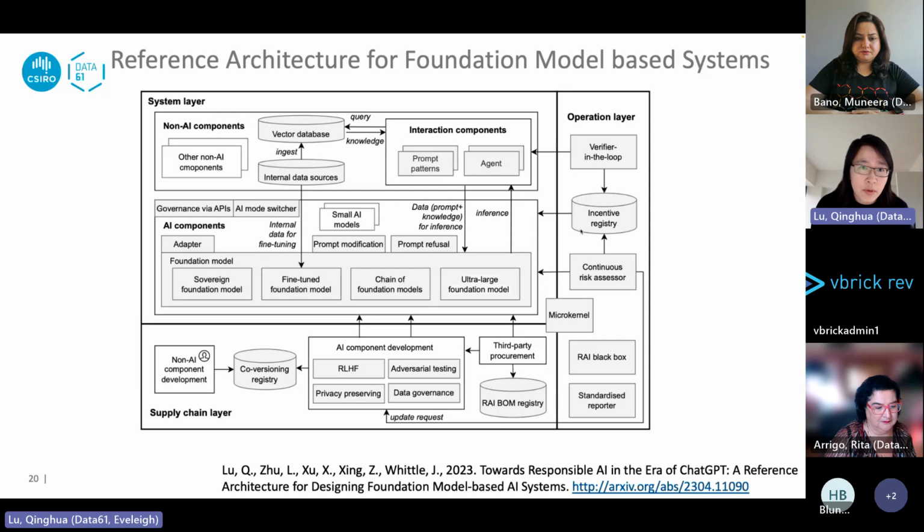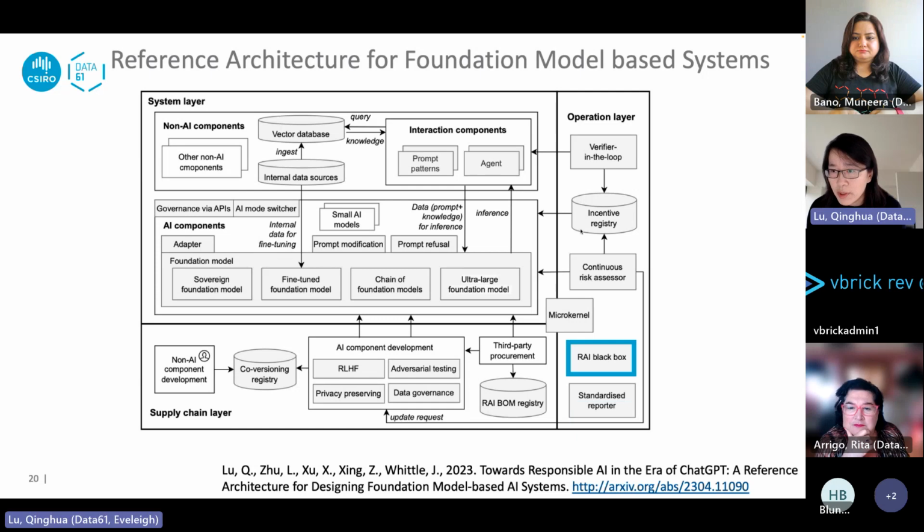So based on the project experience and our recent study, we have also designed the reference architecture for building a foundation model-based system. This reference architecture also has 3 layers, the system layer, supply chain layer, and operation infrastructure layer. For each layer, we have embedded some design patterns for responsible AI.